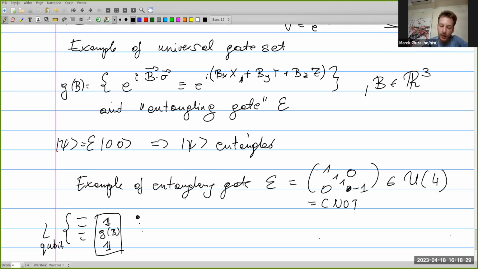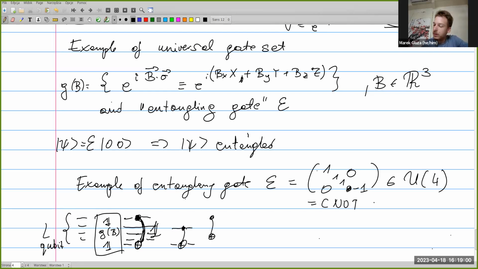If I apply a CNOT between the first and the last qubit, then those two qubits could become entangled by the action of that gate, and the rest of the qubits just get an identity. So this CNOT I can apply between maybe the second and third qubit, or the first and fourth qubit.